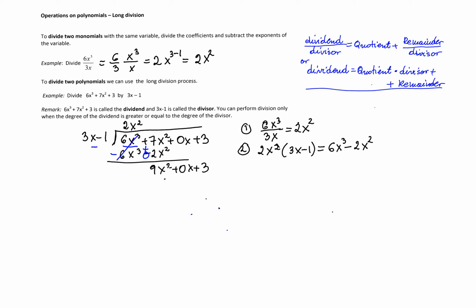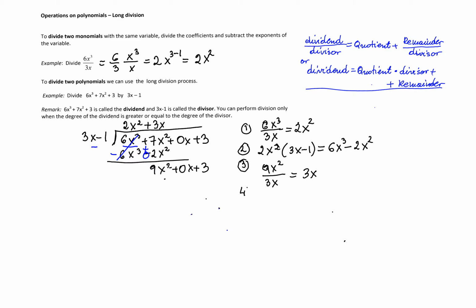And at this point we repeat the process. We take 9x squared, the leading term of that polynomial, and divide by the leading term of the divisor. The result is 3x. And we add this quotient to the quotient of the whole division.